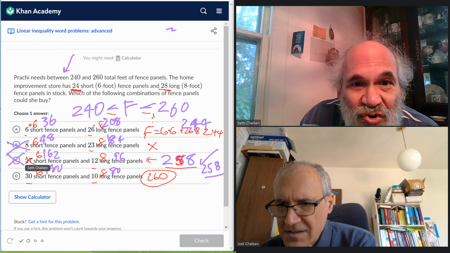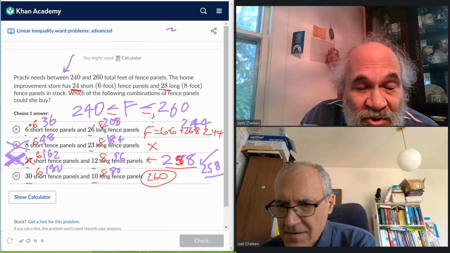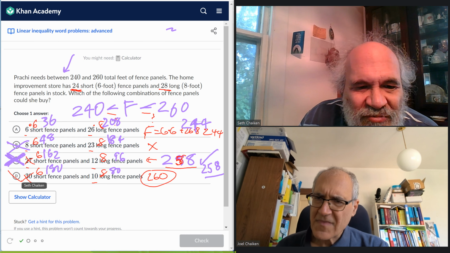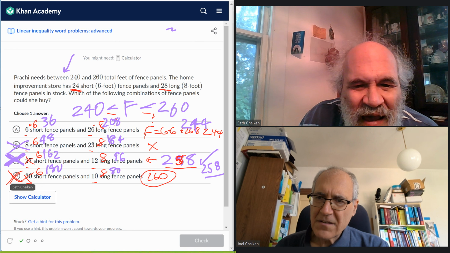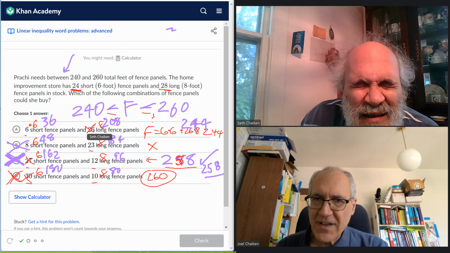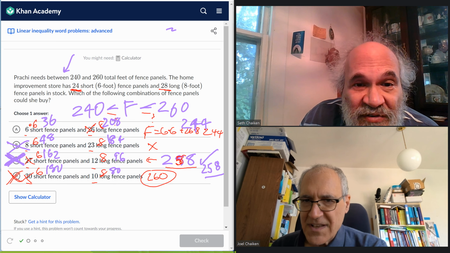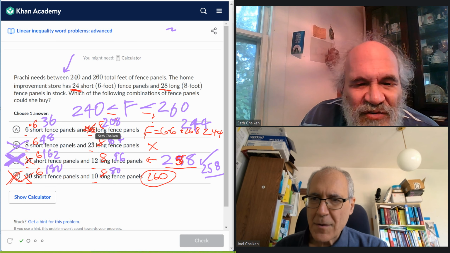Shorts are 24, so this is ruled out. And then they don't have 26... no, they have 28 long ones. So this is okay. So the answer has to be A. So B is ruled out because she won't get enough.